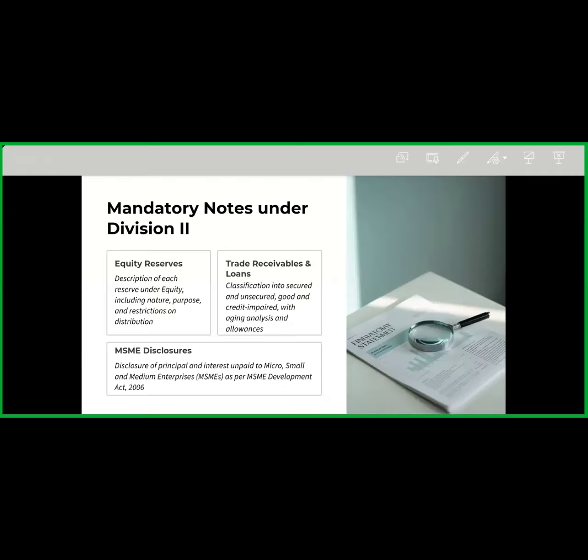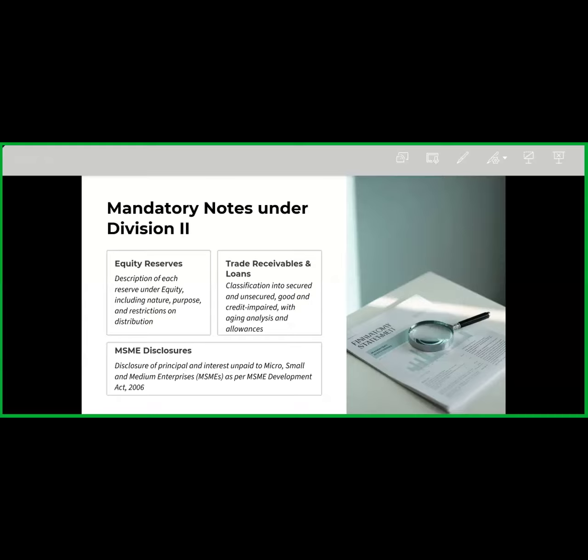So which are the notes mandated by the Companies Amendment Act 2015? First one is the equity and reserve. As we are all aware, equity and reserve are part of the balance sheet. In the balance sheet, on the liability side, we put the equities.